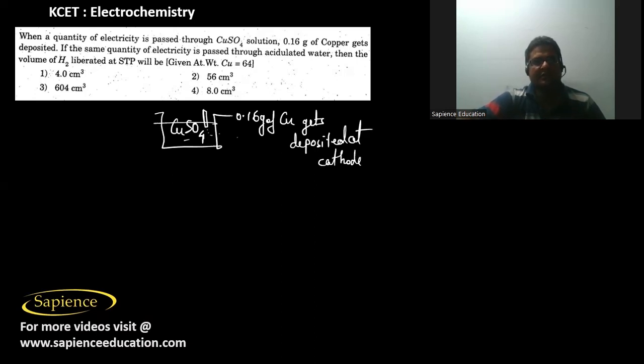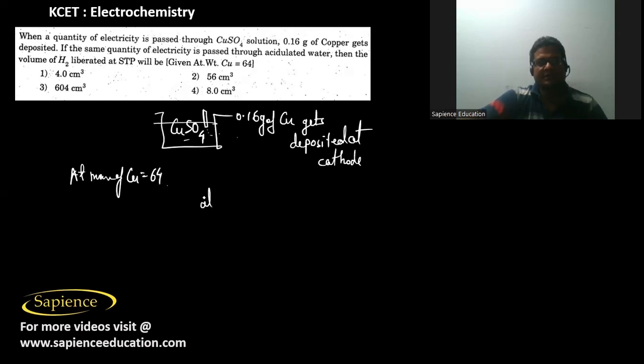If the same quantity of electricity is passed through acidulated water, what will be the volume of hydrogen liberated at the cathode at STP? The atomic mass of copper is given as 64.